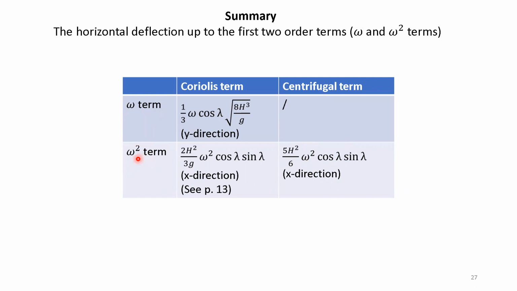Because of that, you expect the centrifugal correction to be much smaller than the first order Coriolis correction. In fact, this is how the first correction term due to the centrifugal force looks. If you look at this and this, you expect that they are comparable.